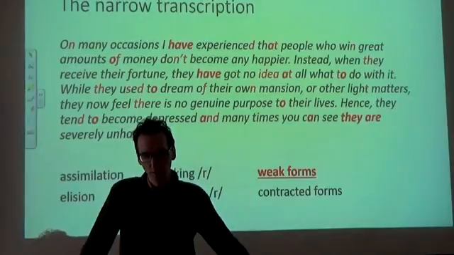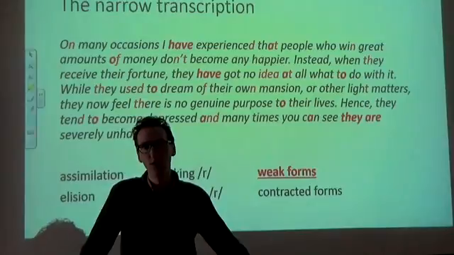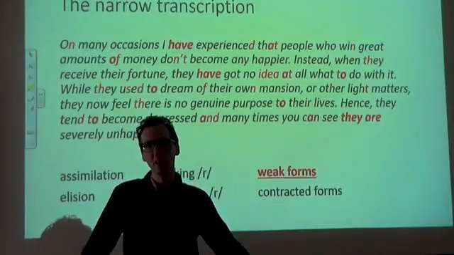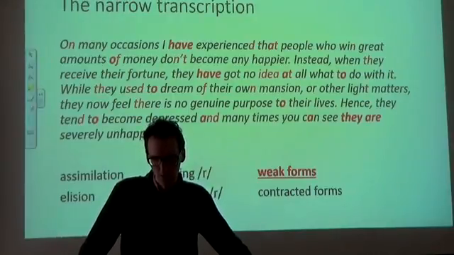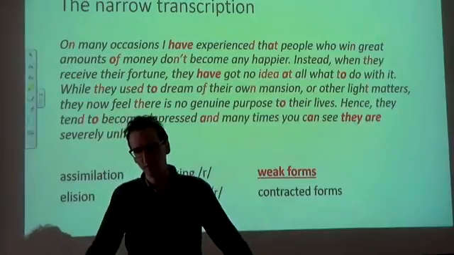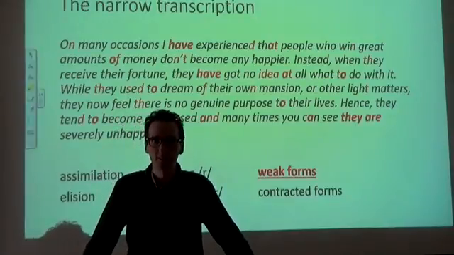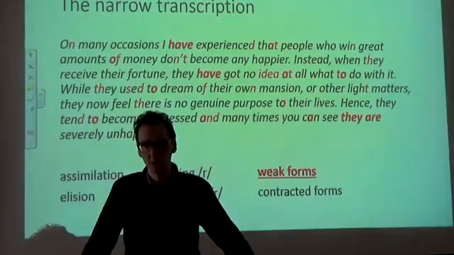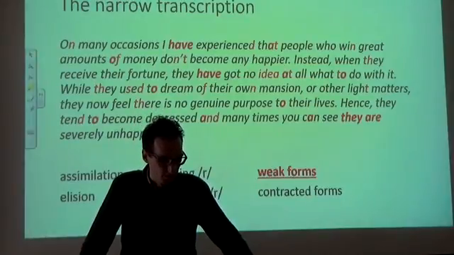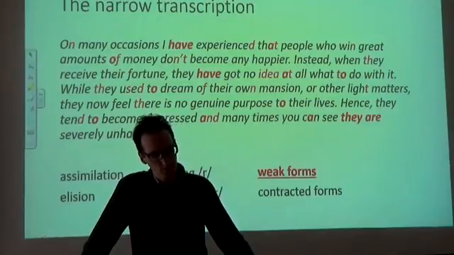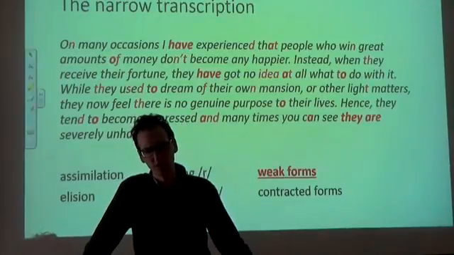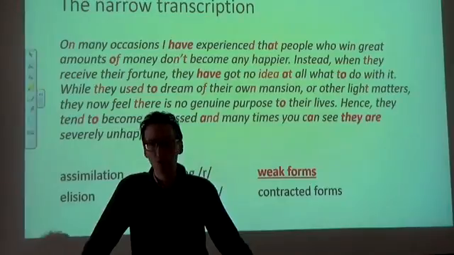Or other, oh, there's another example which I forgot. Or other, so the R in or is a linking R. Or rather, light matters. The T is assimilated to a P, light matters, because of the following bilabial M. They now feel there is, the dental fricative is elided, is assimilated to lateral.